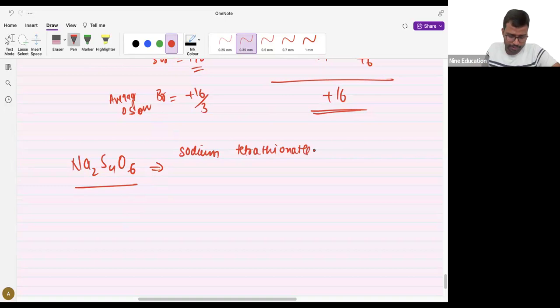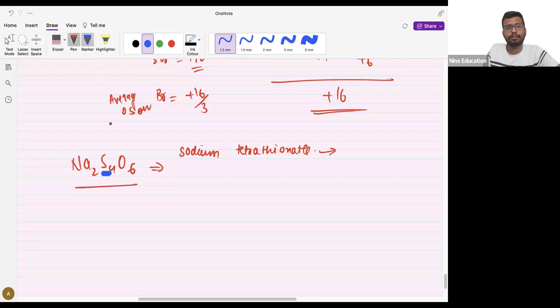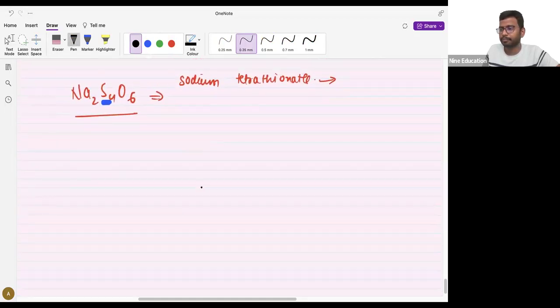Find the oxidation state for sulfur. See how I am solving this. You have to solve this better. These only will come, most probably.